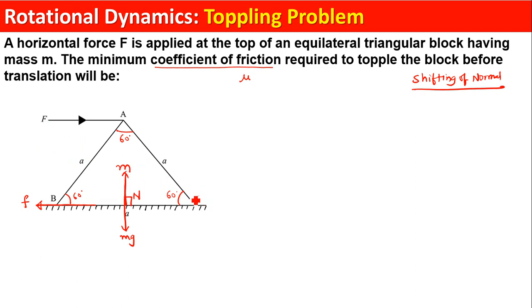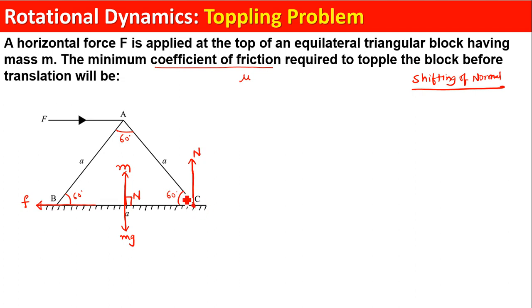At the critical condition, when the block starts toppling, the normal reaction shifts completely to the toppling point. This is where the toppling happens.